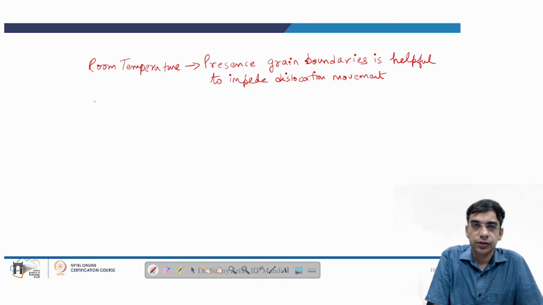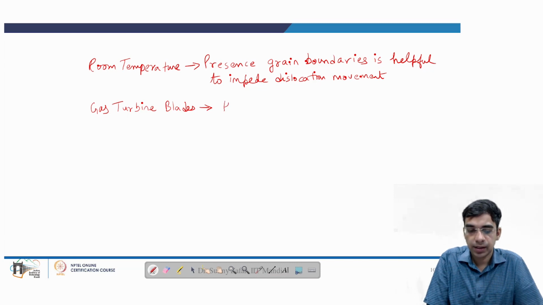But as you know, we are dealing with manufacturing of gas turbines. Specifically speaking of gas turbine blades. So these are not operating at room temperature, rather these are operating at high temperature.